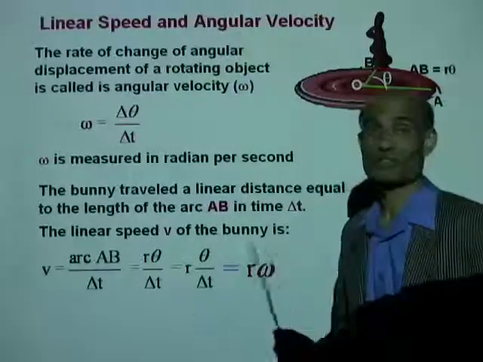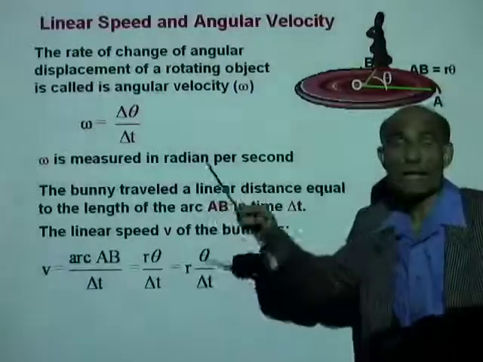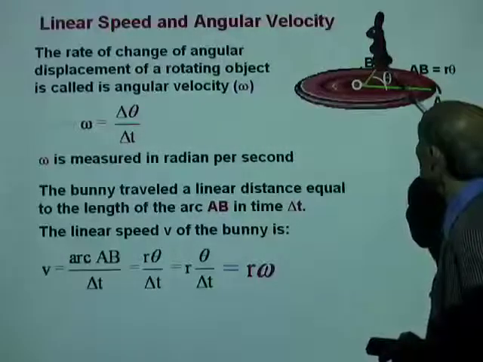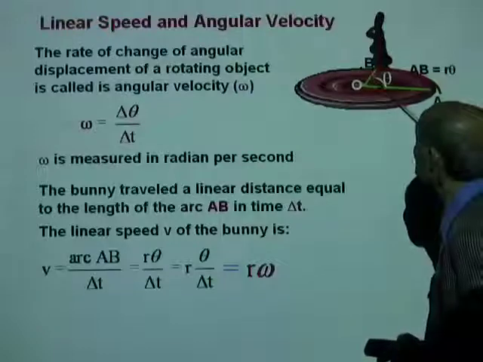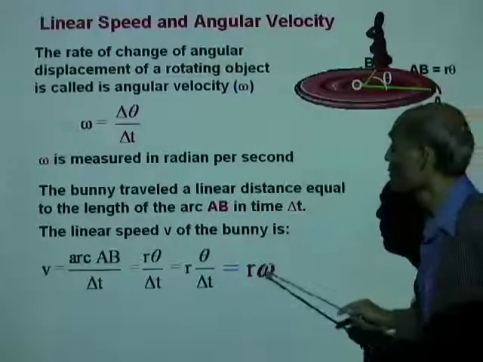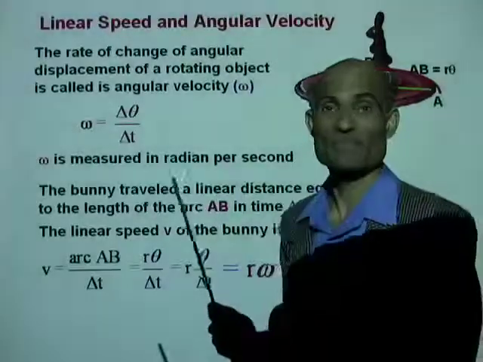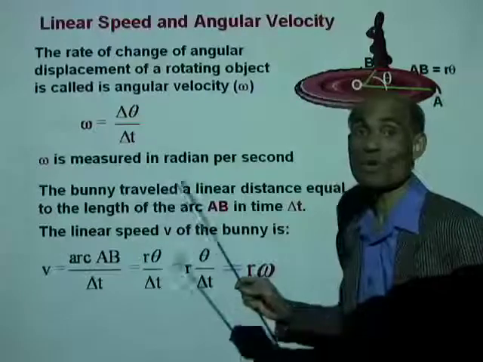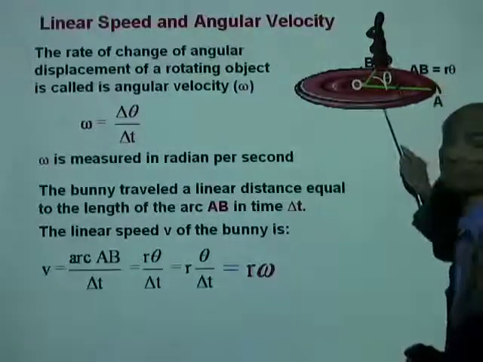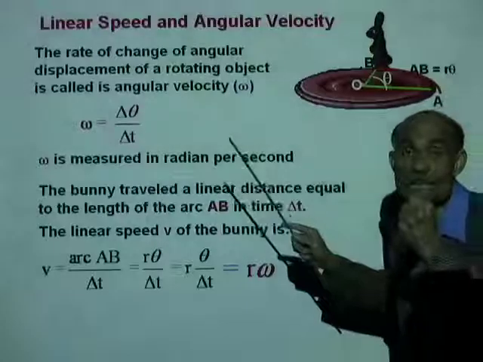Now, let me ask you this. I have placed the bunny at the outer edge of the disk. If I place the bunny somewhere towards the center, somewhere here where I'm pointing, will the angular velocity change? Will the angular velocity of the bunny be different if the bunny was sitting closer to the center?